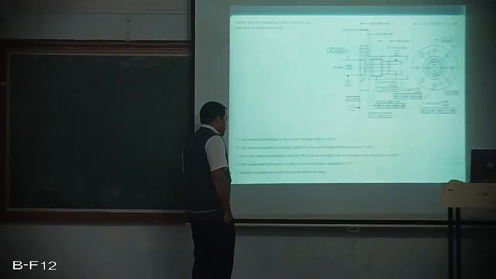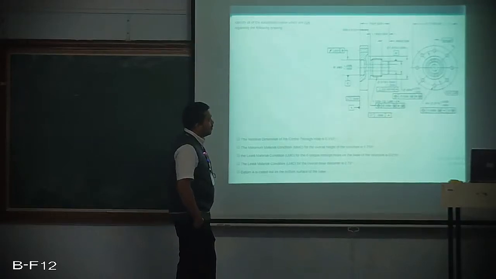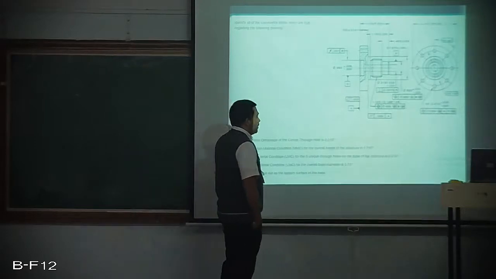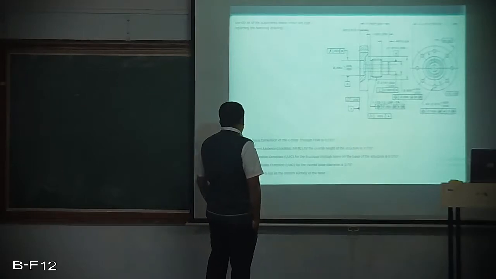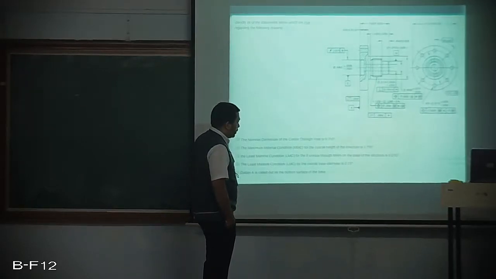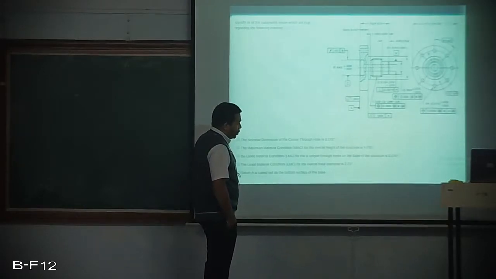Next, the maximum material condition for the overall height of the structure is 1.750. Third is the least material condition for the 8 unique through holes on the base of the structure is 0.210.